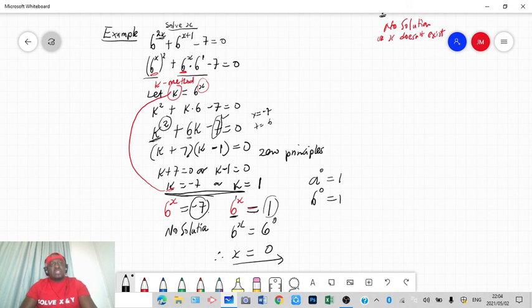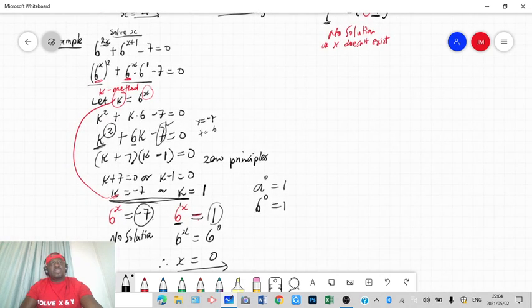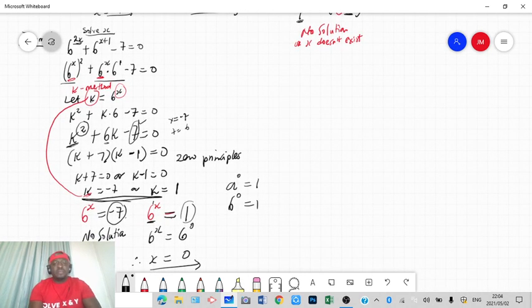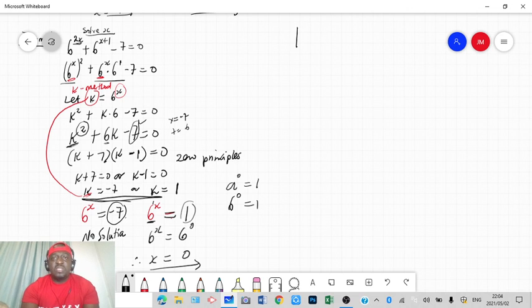I will write one similar question next to this one for you to give a try, to see if you are able to apply the k method in solving this question. So this is your homework on this section. Only one question for you to try your hands on.